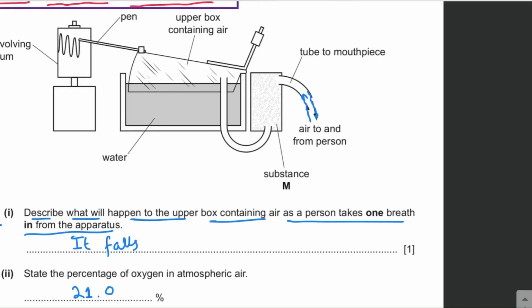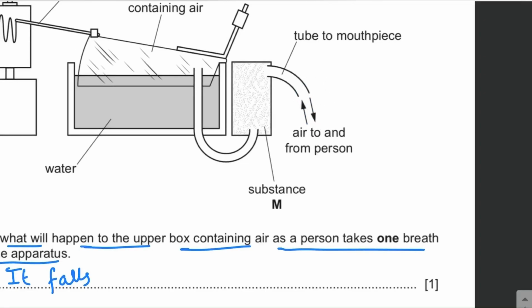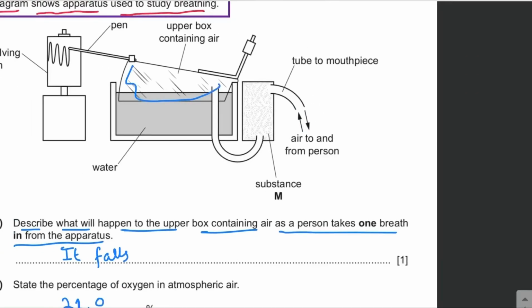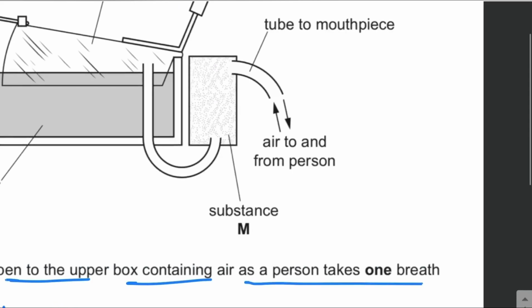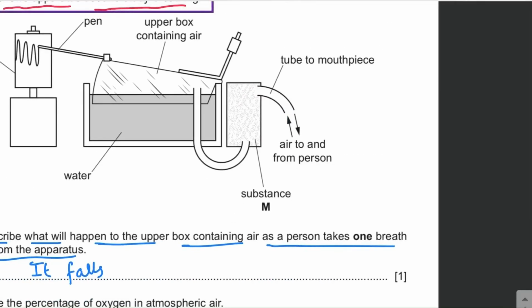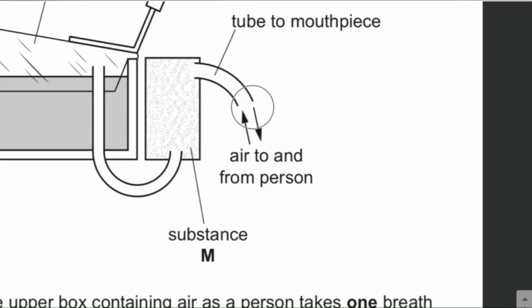So when the person is breathing in and out, the person breathes in the air in this box, and then exhales that air, which now has little oxygen as compared to the air the person was breathing in. For example, when the person was breathing air the first time, it contained 21% oxygen.